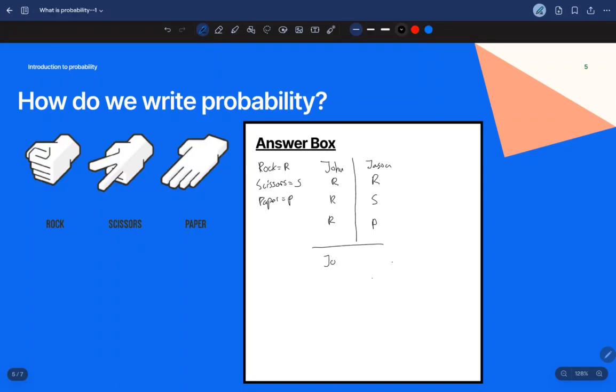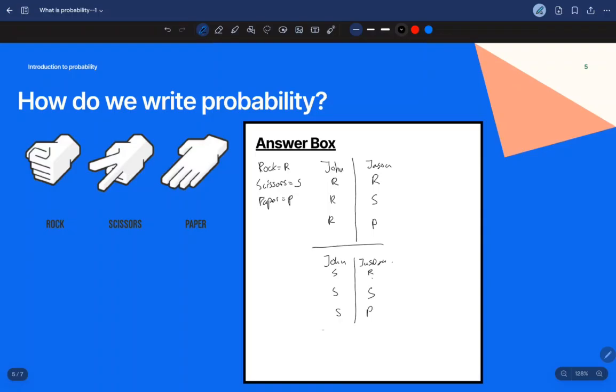When John does a scissor, Jason could either do rock, scissor, or paper.